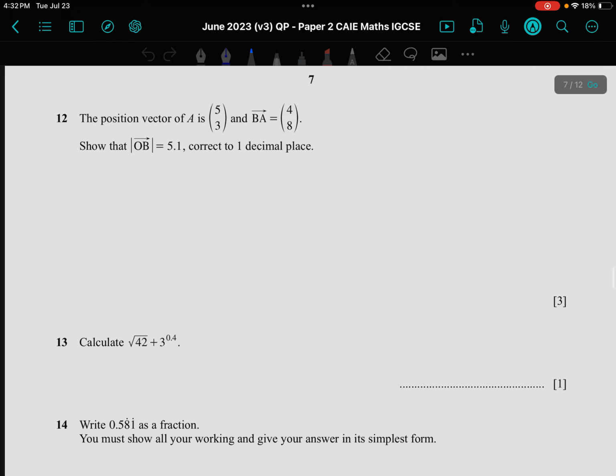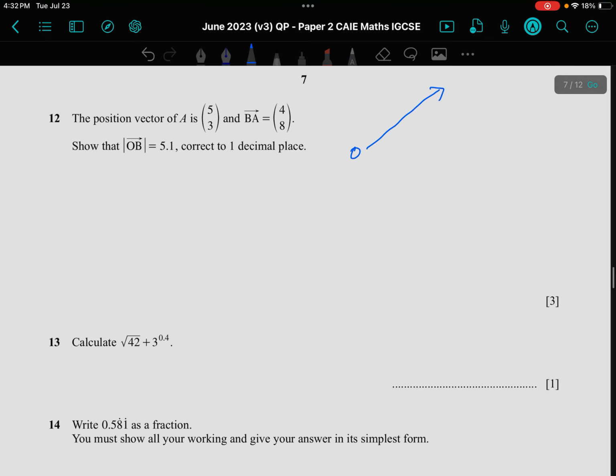Now the position vector of A is (5, 3) and B is given as (4, 8). So show that OB is equal to 5.1 correct to 1 decimal place. We know this is O to A and this is O to B and this is B to A. So I can write BA as OA minus OB.